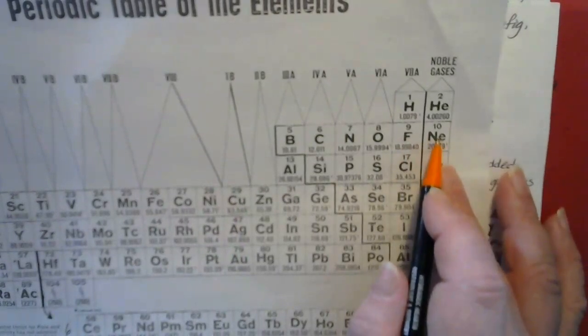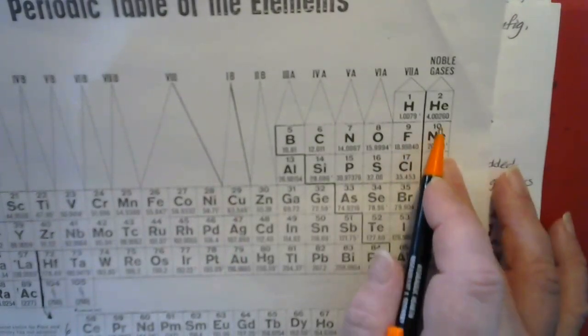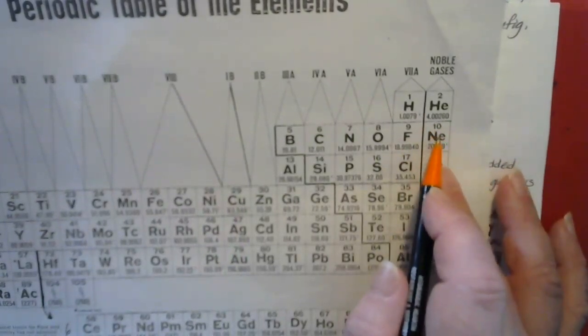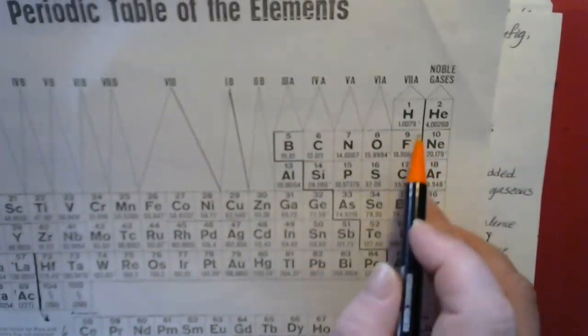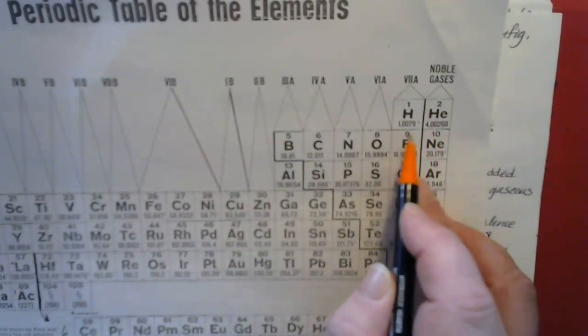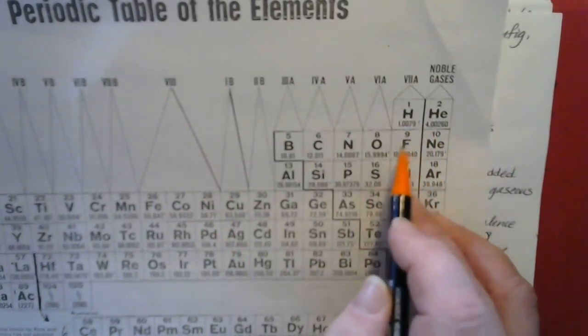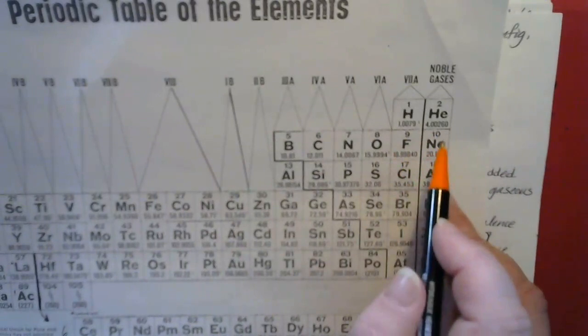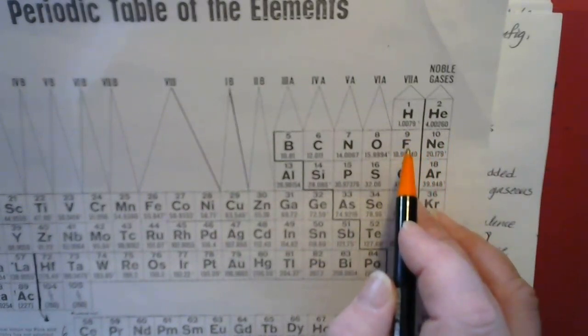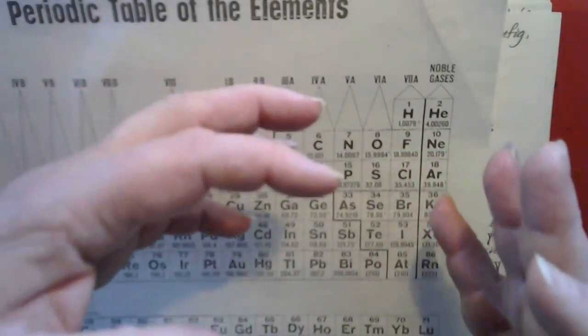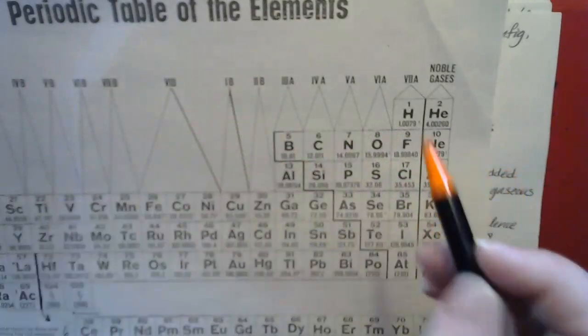Neon has plus 10 in the nucleus and minus 10 around it, versus plus 9 in the nucleus and minus 10 around the nucleus for F-. So plus 10 minus 10 has a stronger attraction than plus 9 minus 10 does, and therefore neon will actually be a little bit smaller than F-.